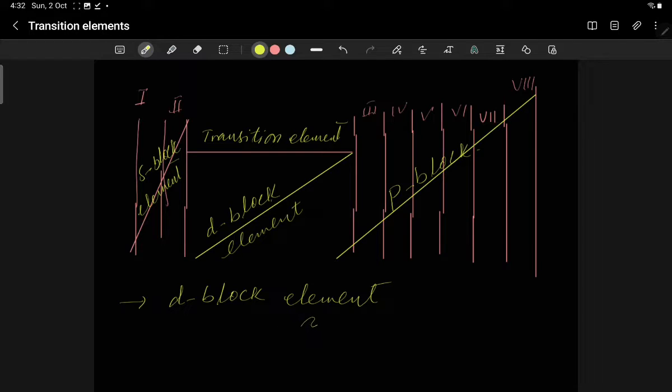The 10 elements in the fourth period, from scandium to zinc, are members of the 3d series.